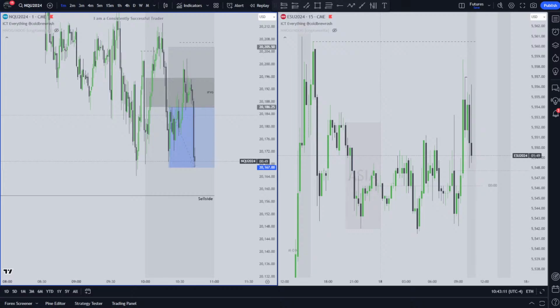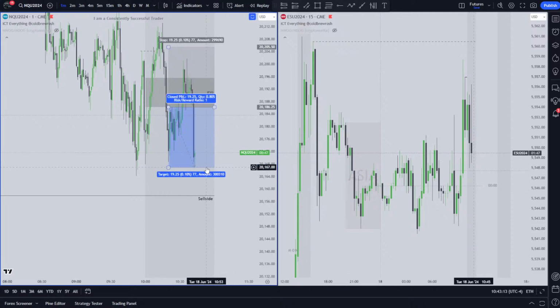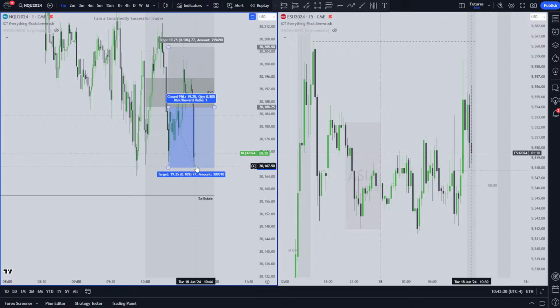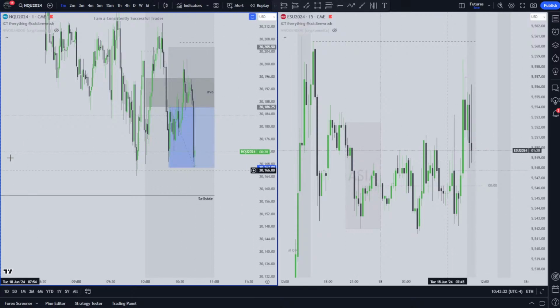I'm still confident that it will touch it again. But it only half took me out because it touched that for just a second. But this is quite a big displacement. We should be looking to take these lows though. Let's just check.